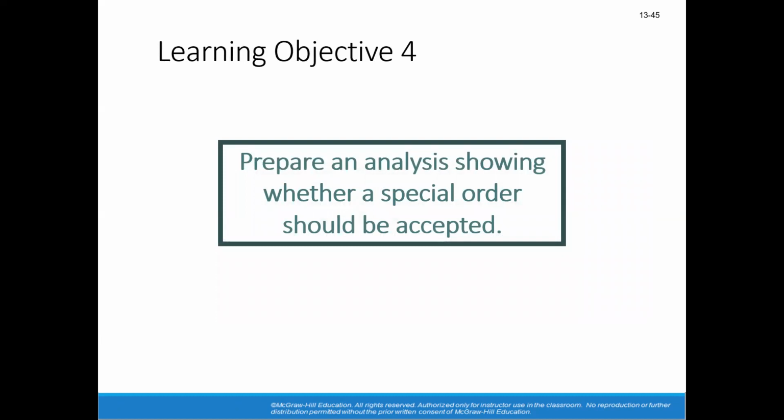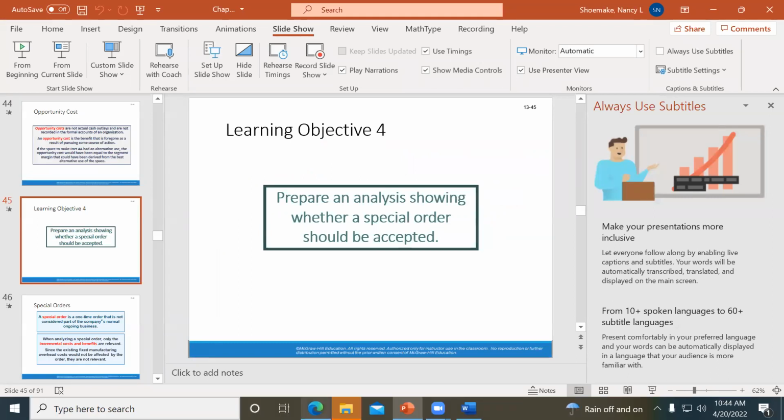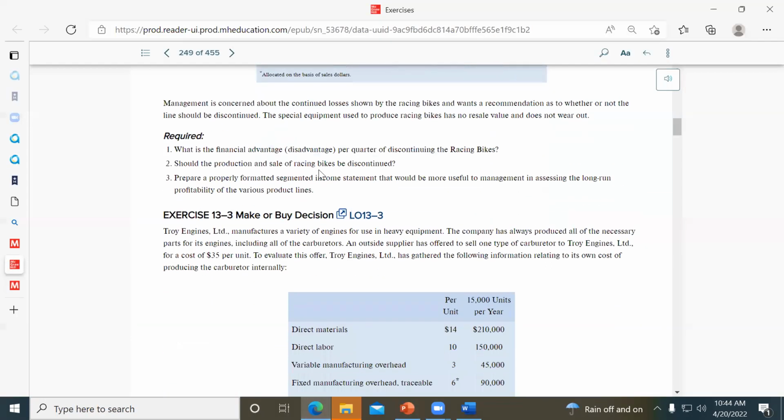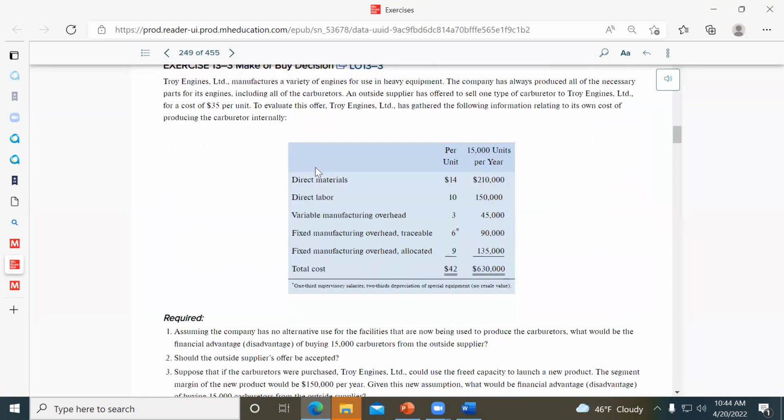Let's look at a problem from exercise objective 3. Okie doke. Make or buy decision. Troy Engines manufactures a variety of engines for use in heavy equipment. The company has always produced all of the necessary parts for its engines, including all of the carburetors.